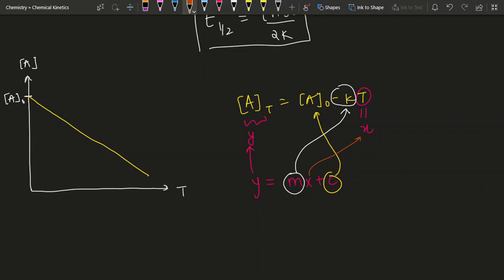Great. So that means you have an equation, and c is the y-intercept. C is the y-intercept here. Just a beginner's introduction to straight lines. So this is the y-intercept. Y-intercept is A naught, and this graph decreases with a slope, in this case, of negative k.